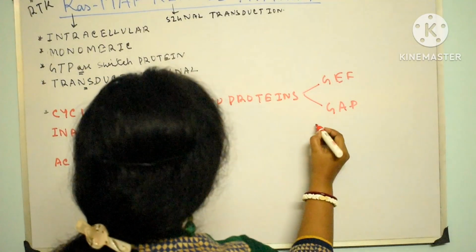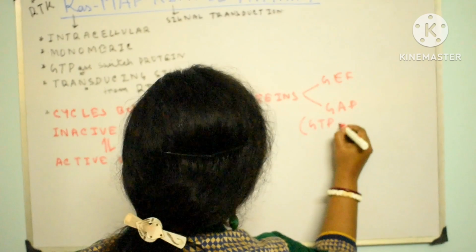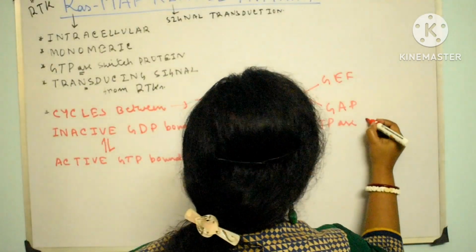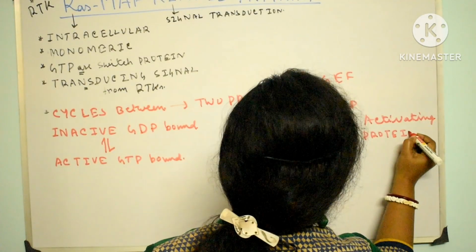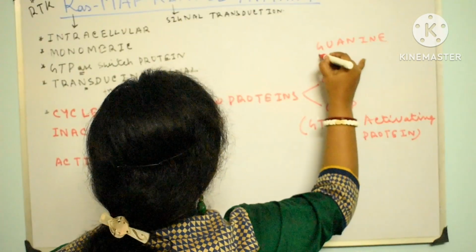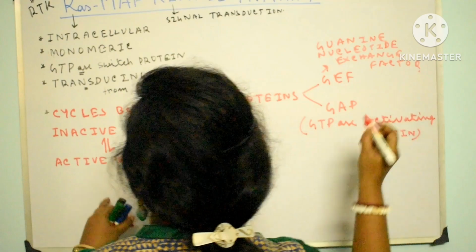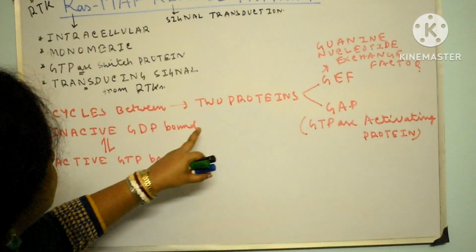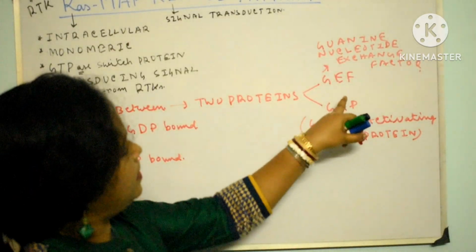The full form of GAP is GTPase activating protein, and the full form of GEF is guanine nucleotide exchange factor. So for this cycling, two proteins are required, GAP and GEF.